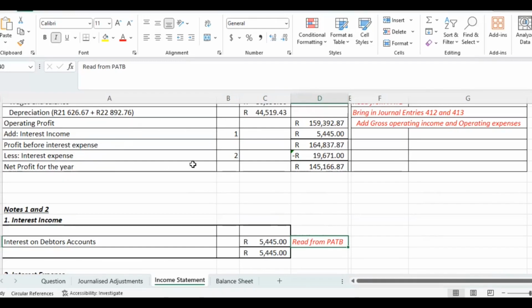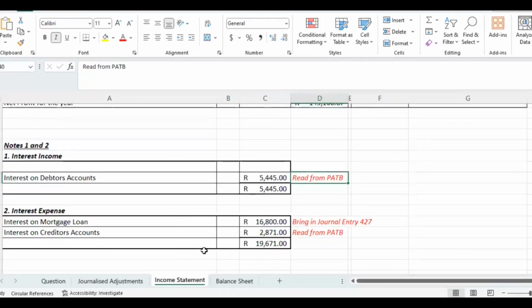Now we have to calculate the interest expense. And here you will remember there will be an amount that we read from the pre-adjusted trial balance, but we have that expense on the mortgage loan that accrued interest, and it didn't appear anywhere. And so that's an expense that we should have just paid, but it wasn't done. And so now we put the interest on the mortgage loan.